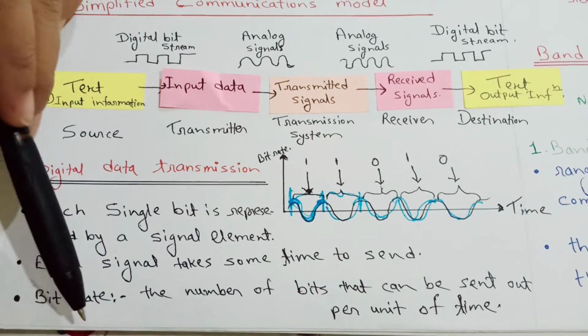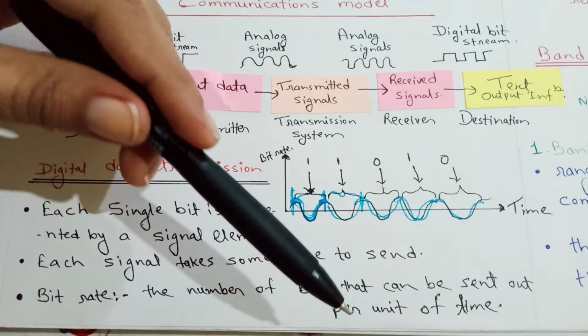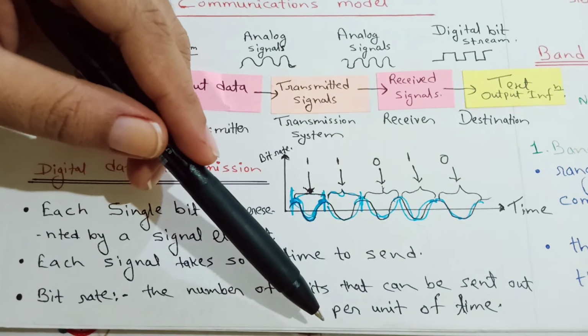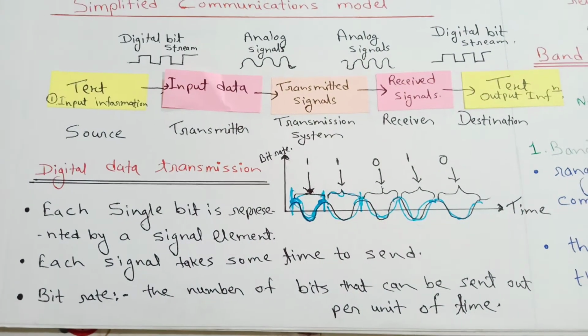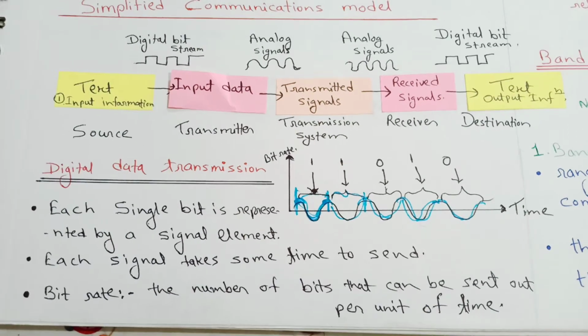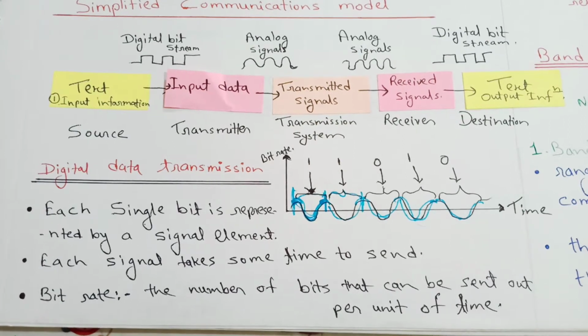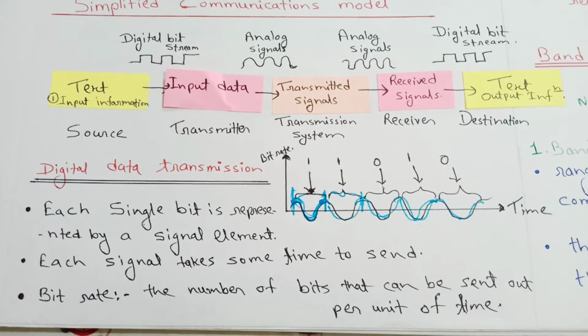What is bit rate? The number of bits that can be sent out per unit of time. This unit of time may be second, millisecond, nanosecond, minute, hour. It may be any unit, but the same unit for question and solution both.